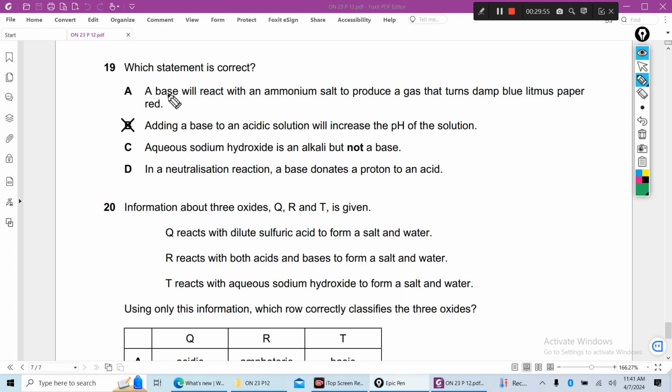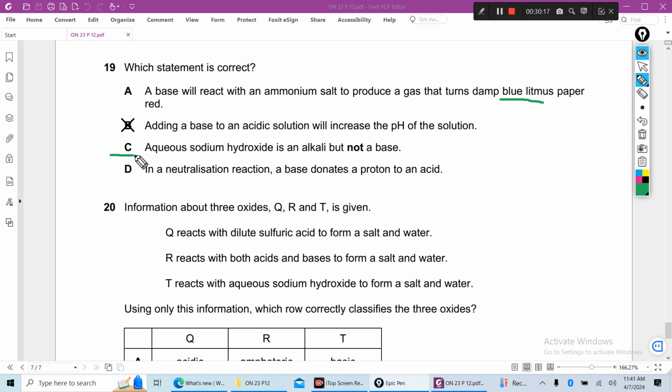Now why is A wrong? A: a base will react with an ammonium salt to produce a gas that turns damp blue litmus paper red. No, that turns damp red litmus paper blue. As ammonia gas is produced, ammonia turns damp red litmus paper blue, not blue litmus paper red.